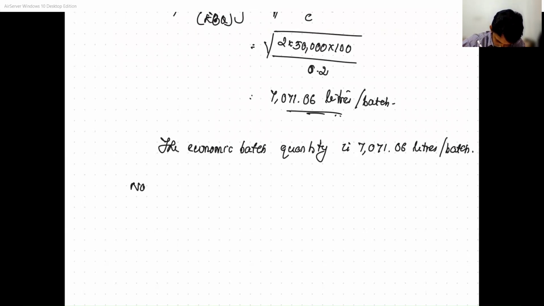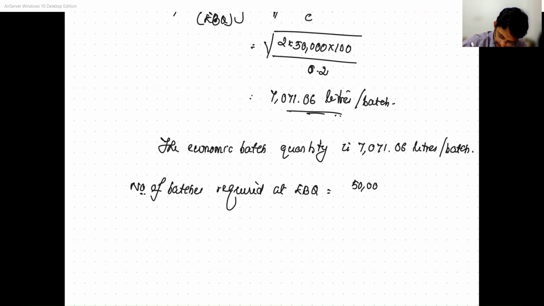The number of batches required at EBQ. That will be 50,000 is the annual demand divided by 7071. Okay. So 50,000 divided by 7071. That means you will have to have 7.08 batches rounded off.